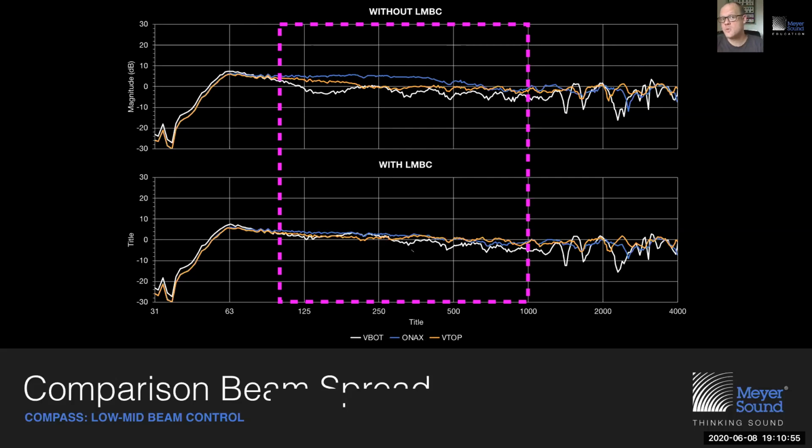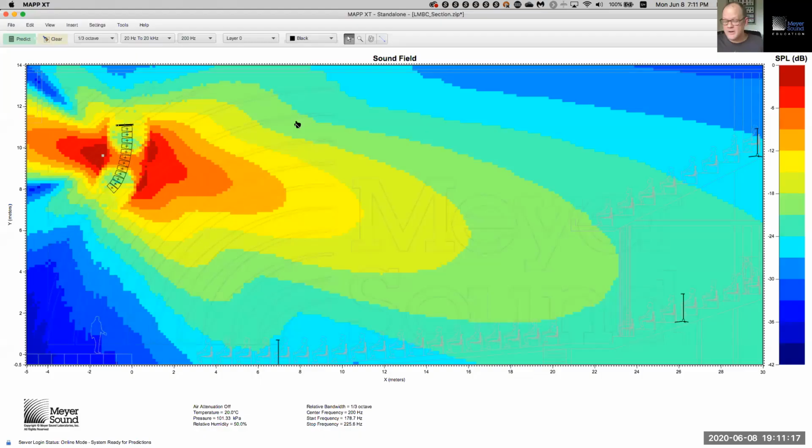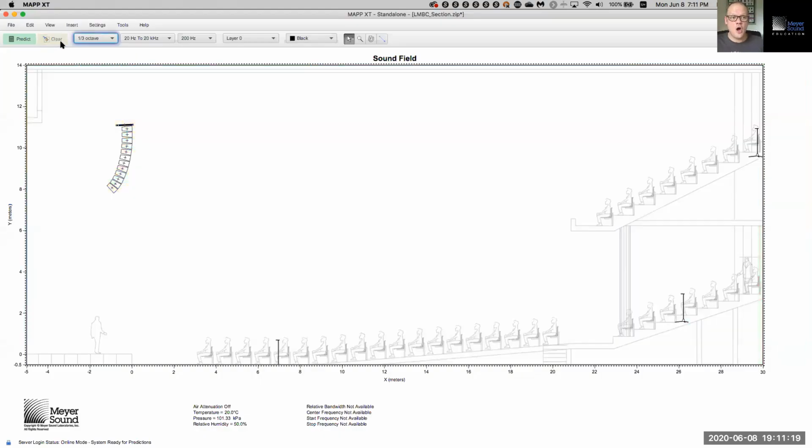And the reason that this works so well is because we used a temporal band-aid, a time band-aid, to address a time problem which is determined and dictated by geometry, rather than trying to do this with EQ or trying to do this with gain tapering or level shading. Because gain tapering, level shading is only successful if there's isolation.